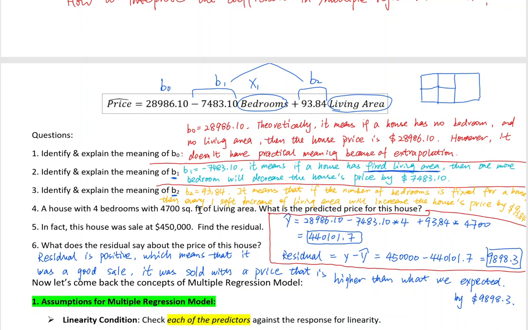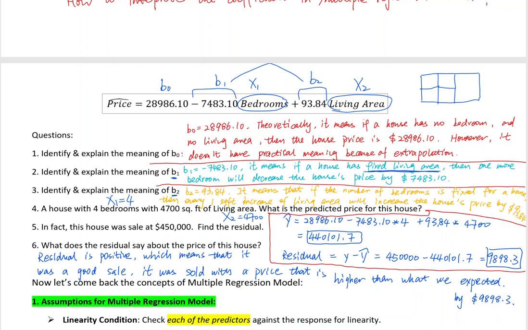So what you need to do is just plug in the value of x1, which is 4, right? And then the value of living area, which is x2, equals 4700. Then you plug the x1 value and x2 value into this equation and calculate, and you will have the predicted value.